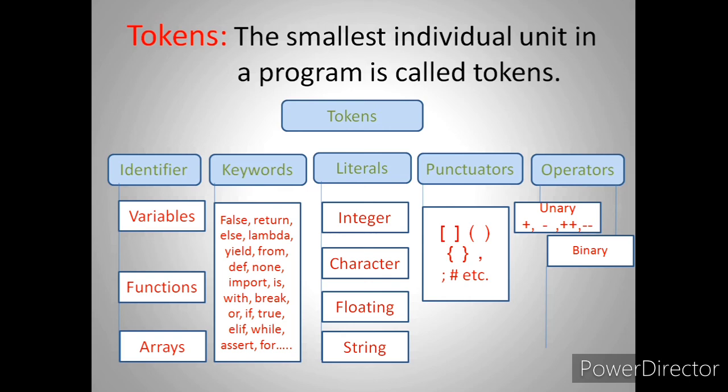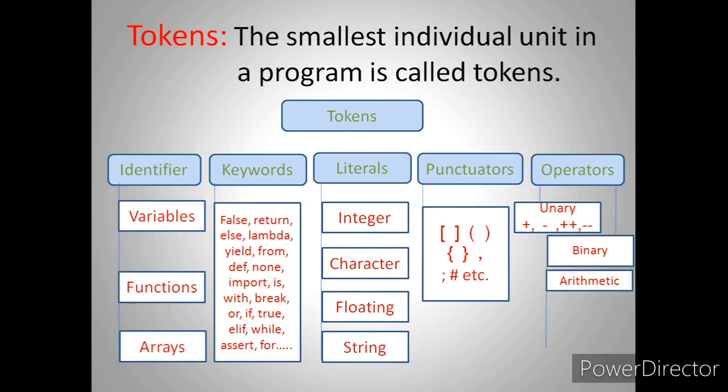A binary operator acts upon two operands. For example a minus b or 7 plus 2, so 7 and 2 are the operands over here and plus or minus is the operator. So the minus or plus sign operates on a and b, that means a and b are the operands. So the binary operator operates on two operands. I hope it is clear.